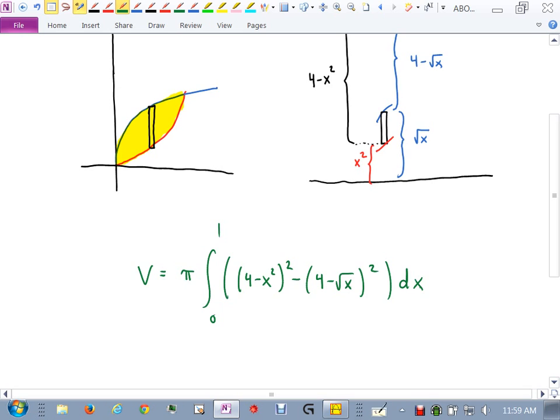Now, I've been using two groups of words that I want to rewrite in our formula for the volume. Instead of the formula being pi integral a to b of f squared minus g squared, I'm going to do something else because I think it'll help you generalize. The reason I don't give you this in the beginning is because it would be difficult to understand.